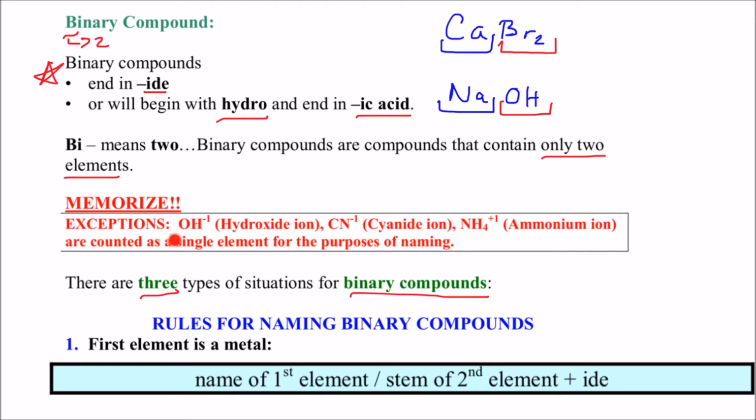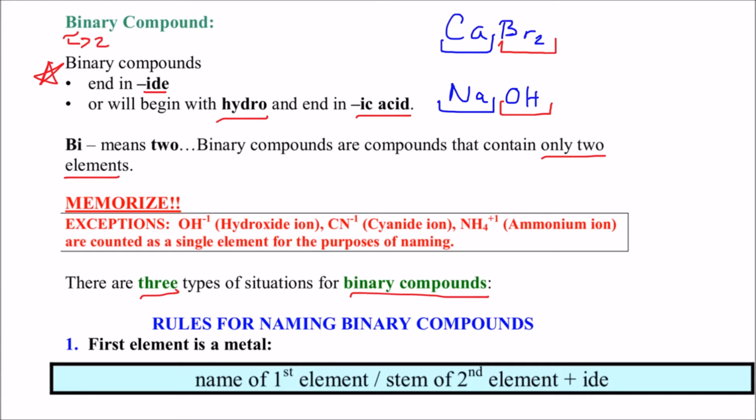You need to know OH minus 1 is the hydroxide ion, CN minus 1 is the cyanide ion, and NH4 plus 1 is the ammonium ion. They are counted as a single element for the purposes of naming. That's why we can still say this is a binary compound, even though it's got 3 different elements in it; it is considered to function as one element.